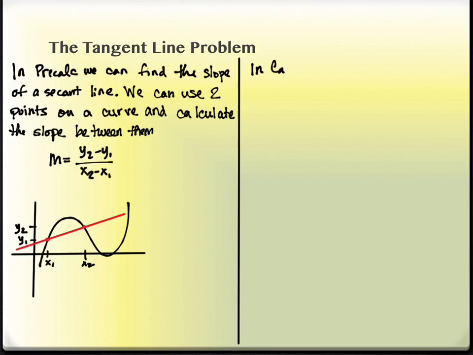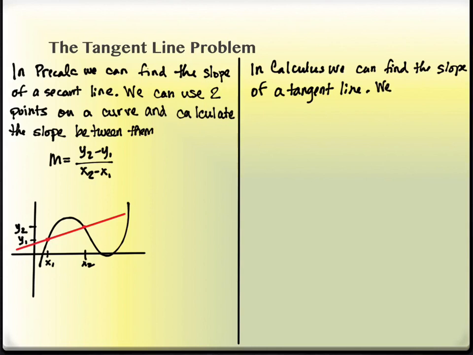So in calculus, we can find the slope of a tangent line. We do this by using secant lines.